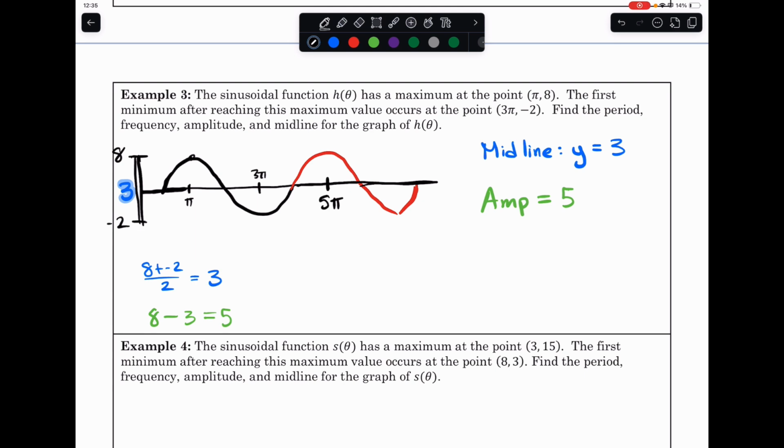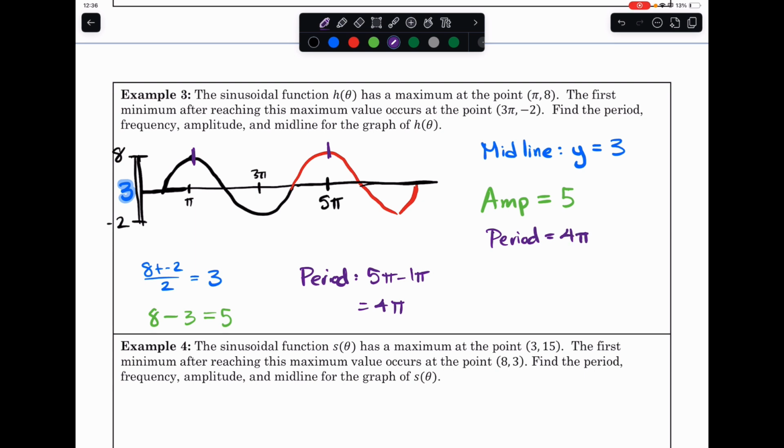So our period here, if I look at the distance from the maximum to this maximum, would be 5 pi minus 1 pi. That is 4 pi.